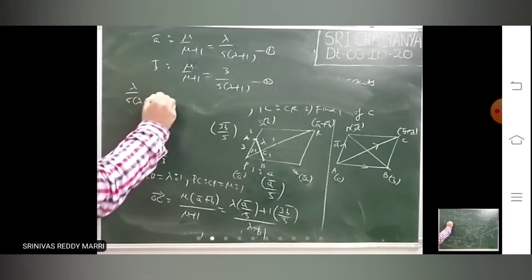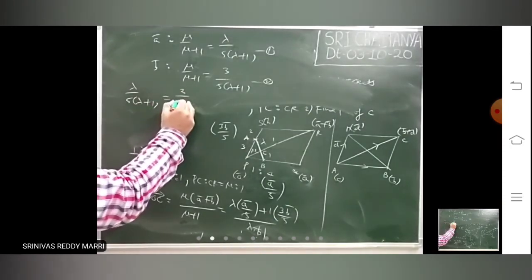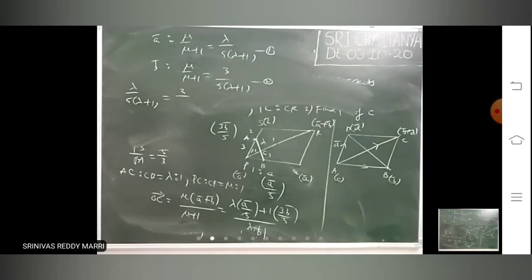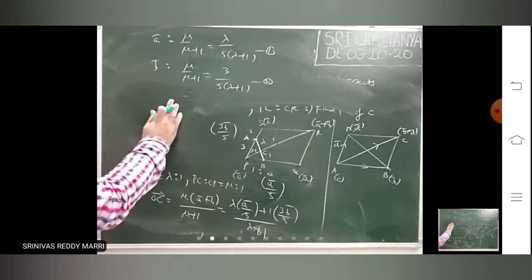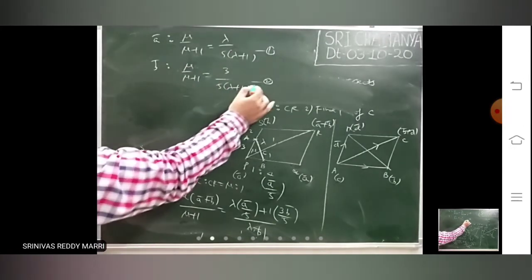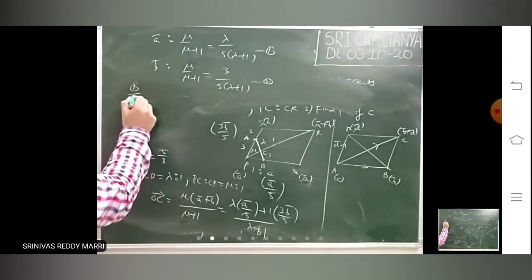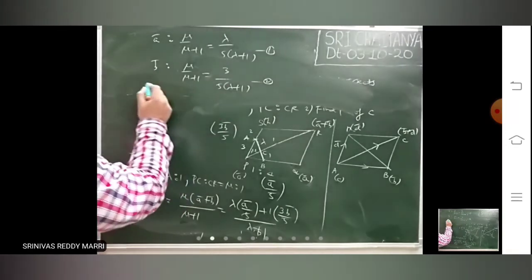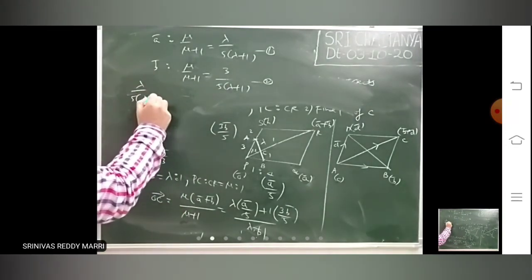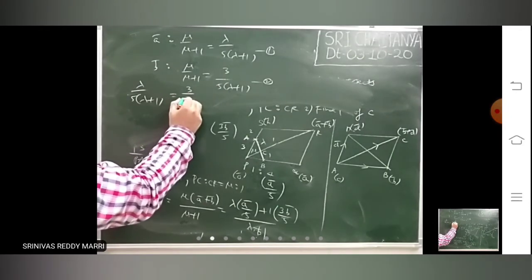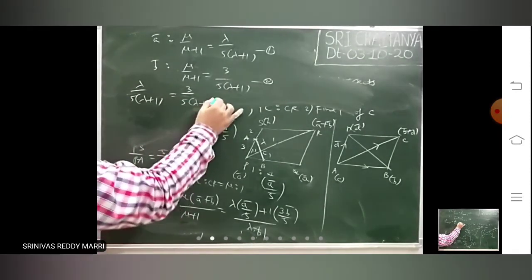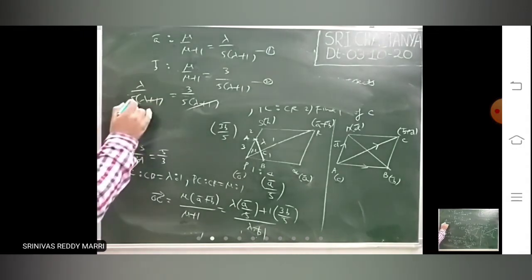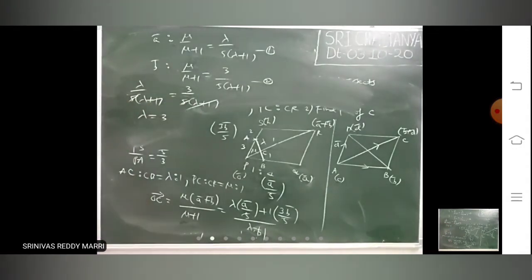Lambda by 5 into lambda plus 1 is 1 divided by 2, 3 by 4. Equate this and you will get lambda. Equate lambda plus 1. So 5 cancels. Lambda is 3.